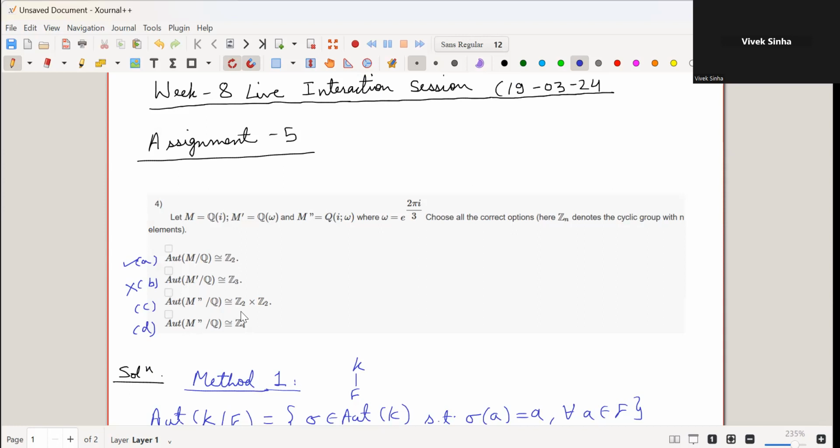But if you get that its order is 4, then you can't say anything else because it doesn't say what kind of elements will be there. So we will use the first method and try to explicitly say what the automorphisms are, and through that we will see if options C and D are correct. Because if you apply the second method, you will get that the order is actually 4.